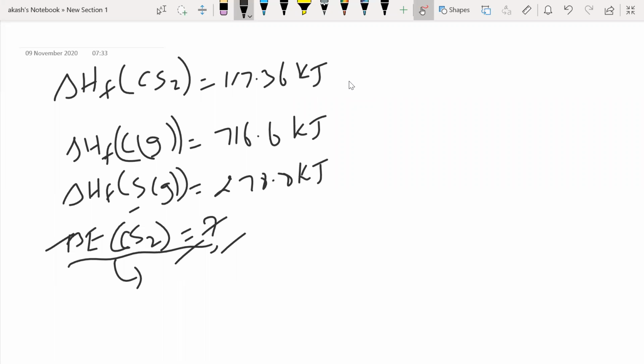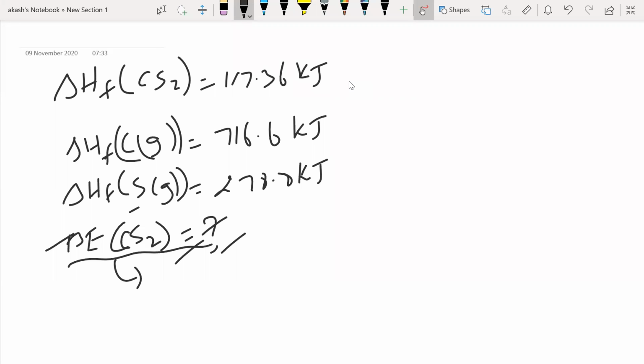See, how do we define bond enthalpy? There is a molecule, and the elements present in that molecule have to go to the atomic state. As simple as that. Now tell me, I have carbon and sulfur. They have to go to the atomic state. How will you write the reaction? C plus 2S, sir.